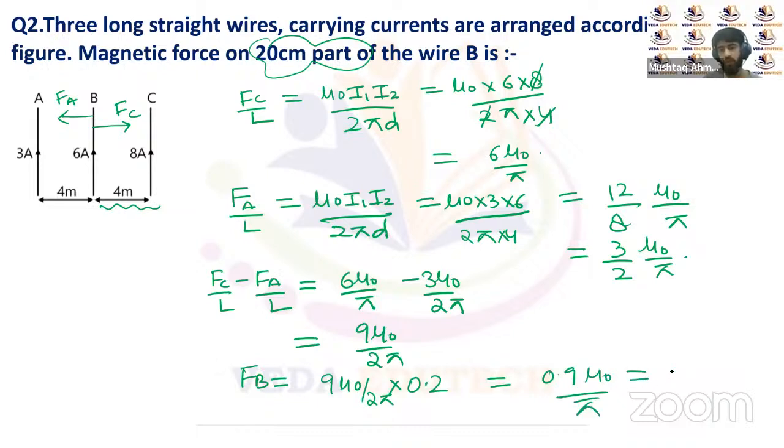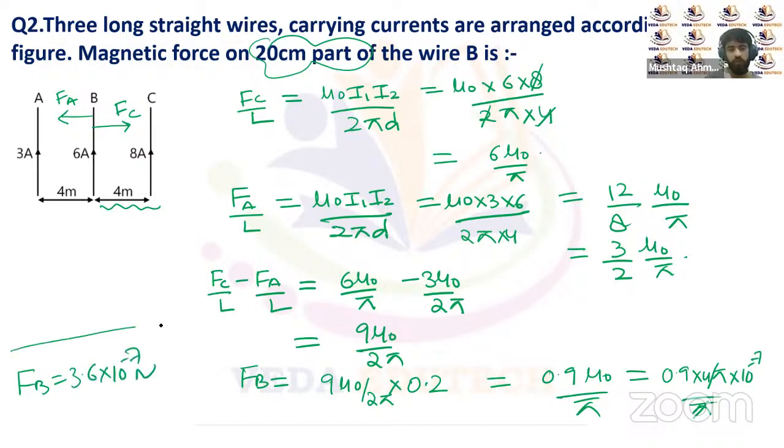Or we can write it as 0.9 into 4 pi into 10 to the power minus 7 upon pi. So pi and pi will get cancelled. 4 into 9 will be 36. So the value of FB will be 3.6 into 10 to the power minus 7 newtons. So this is the net force on the 20 centimeter part of wire B.